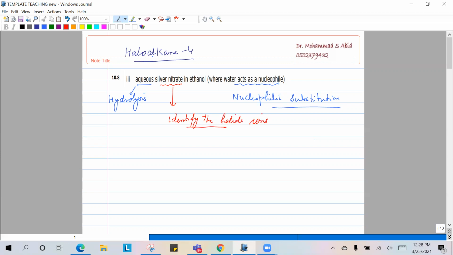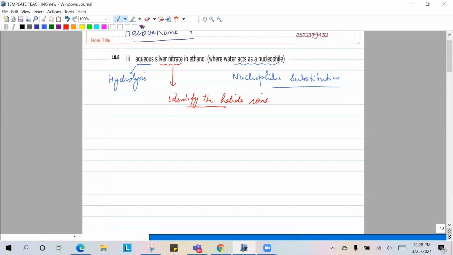So if you use all this information, I would say that this reaction is being used to test for haloalkanes.